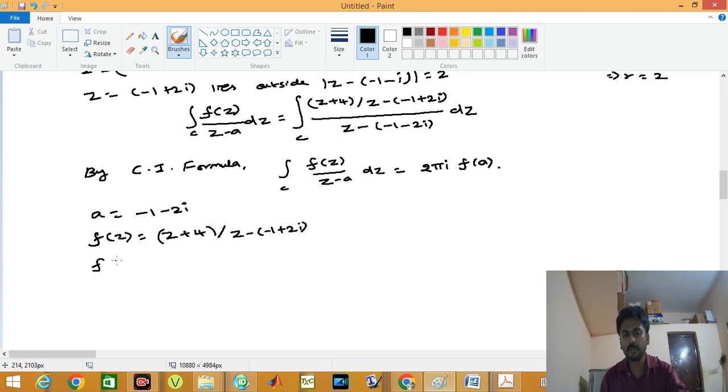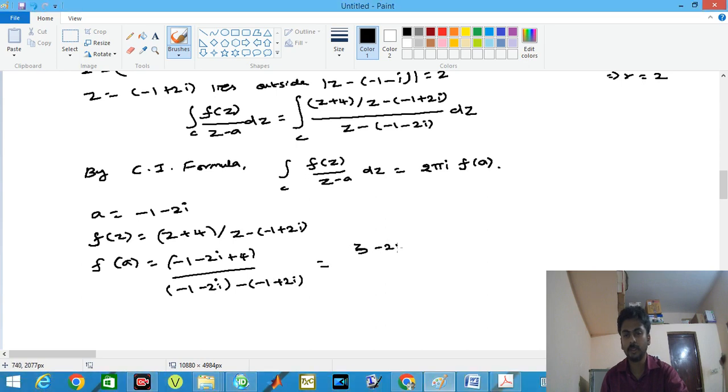So now we can write f of a. f of a equal to minus 1 minus 2i plus 4 divided by minus 1 minus 2i minus 1 plus 2i, that is minus 1 plus 4 is 3 minus 2i, divided by minus 1 plus 1 becomes 0, and minus 2i minus 2i becomes minus 4i.